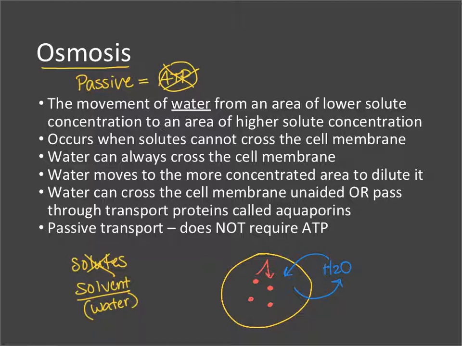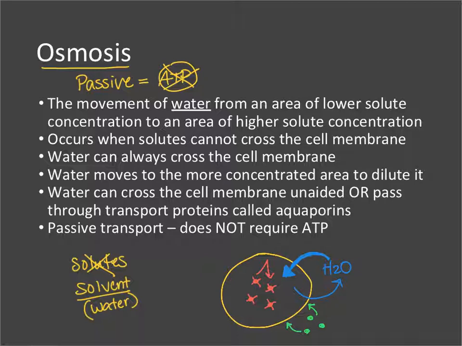And so they might be stuck either outside the cell or potentially inside the cell. It just depends on what the condition is. So in cases where the solute cannot cross the cell membrane, sometimes the water will cross the cell membrane in order to kind of balance out the concentration between the two areas.